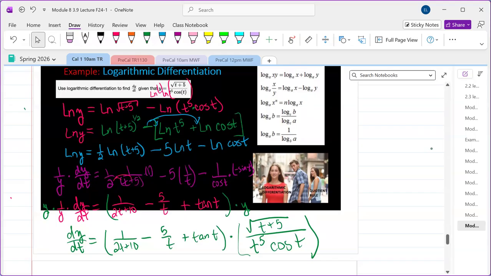There's a lot of anti-derivatives that make use of natural log. So you want to get practice using the log properties, being able to think about problems from this perspective.